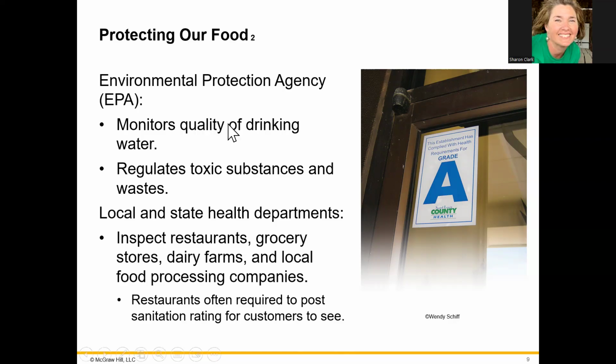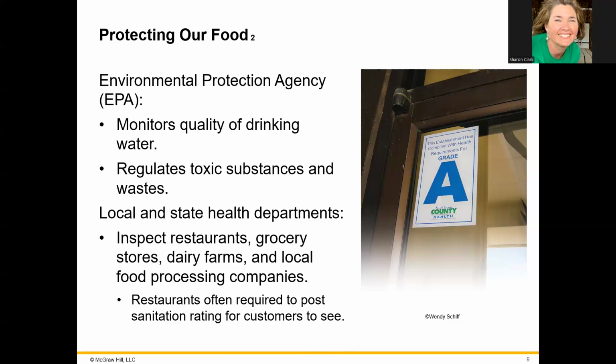And then you have your local and state health departments that are kind of like boots on the ground. They help to inspect local restaurants, local grocery stores, your farmers markets, your dairy farms, local food processing companies. And when you look at the restaurant sanitation ratings, which you should be looking at, anything with a low 90 or a B, I would avoid it.